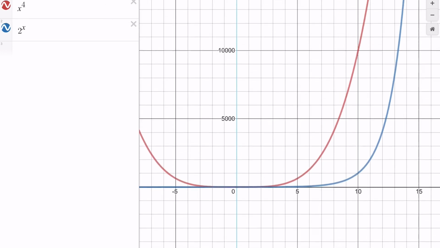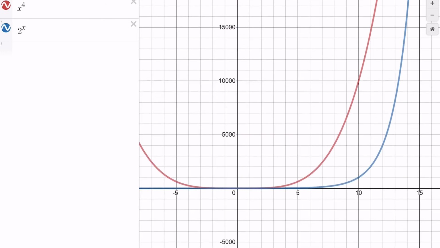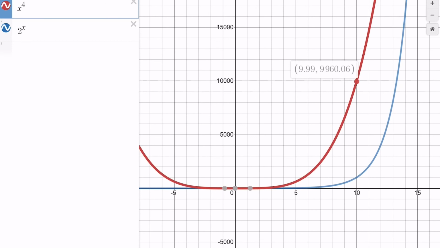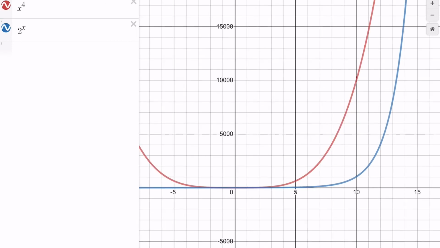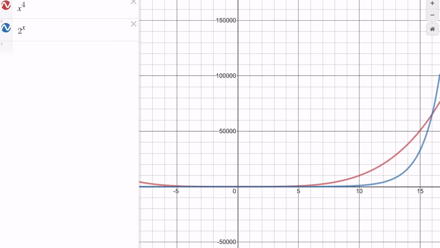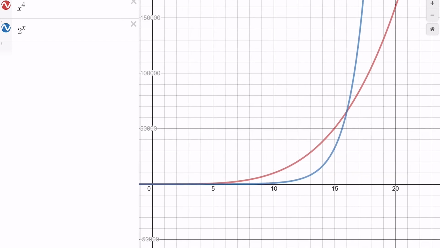Whoa. Okay. I'm still not winning my case here, am I? At 10, we have 10,000. It takes this one 13 to get to 10,000. Let's keep going. And there's the proof.